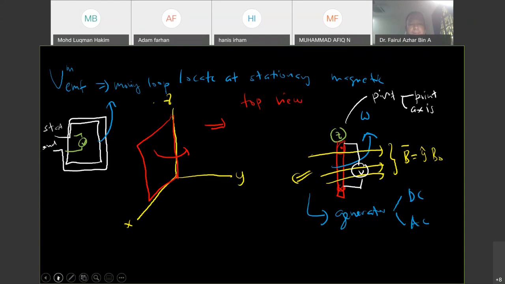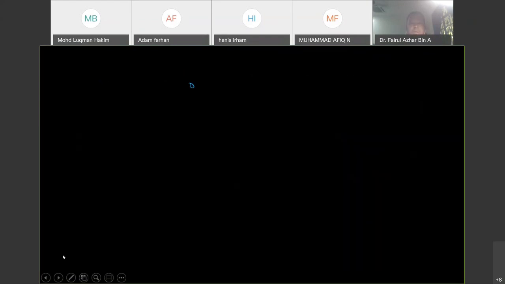And the third type of electromotive force is VEMF, and this VEMF is equal to the summation of the transformer EMF plus the motional EMF.